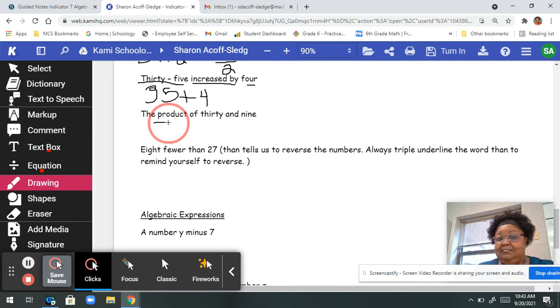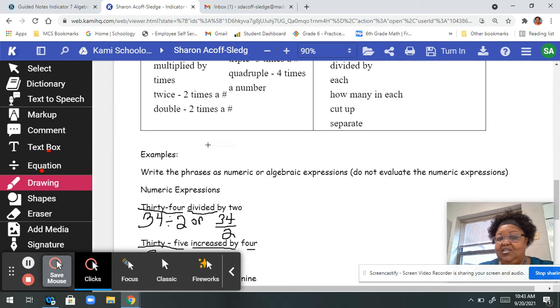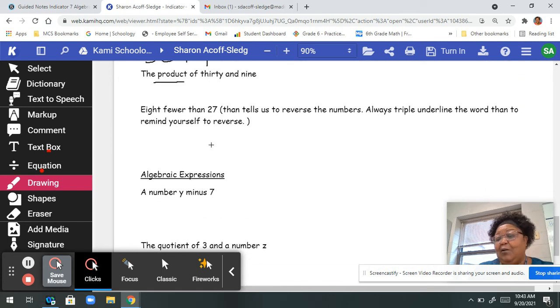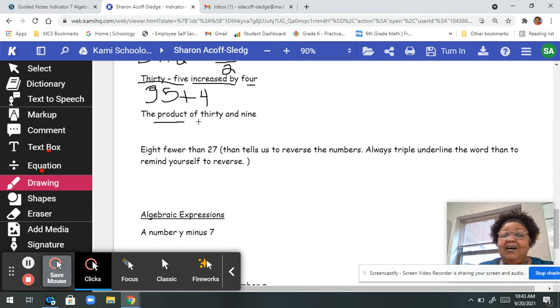The product, what's product? Let's go back up here. Multiplication. So that's why we wrote those lists. The product of what? 30 and 9. So I'm going to multiply 30 and 9 together. And there's a few ways I can write that. Now we're getting away from this way because we're going to use x as a variable. But this still means multiplication.